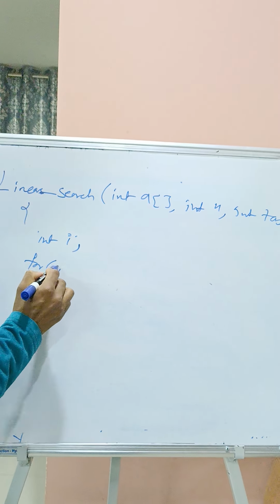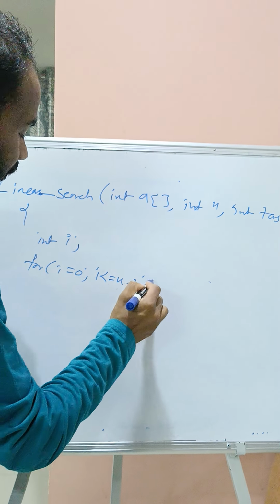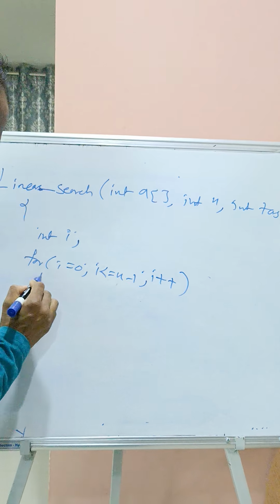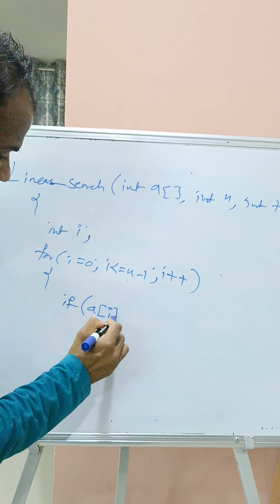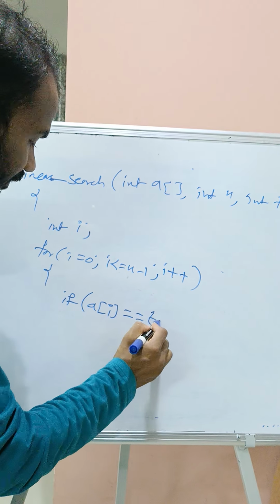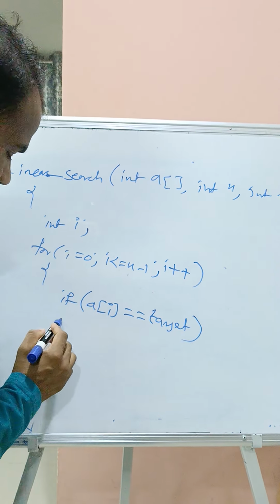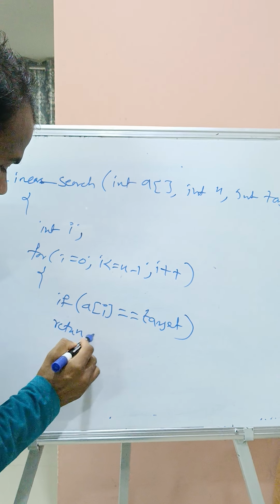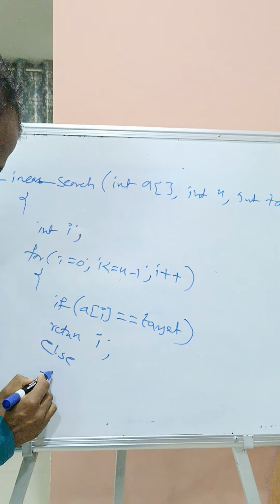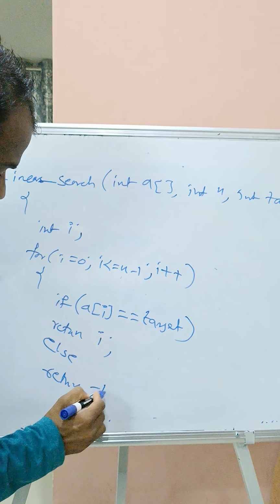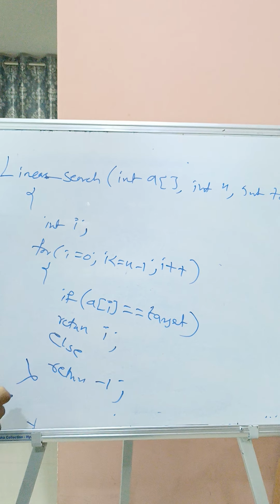Now for i is equal to 0, i less than or equal to n minus 1, i plus plus. If a of i, suppose a of 0, is matching with the target element, then return i, meaning the position. Else we are going to return minus 1. What is minus 1? The target element is not present, right?